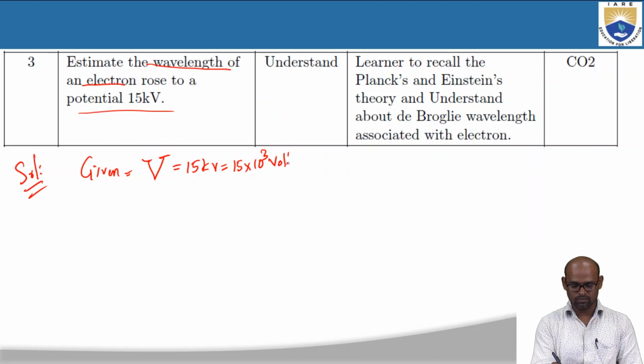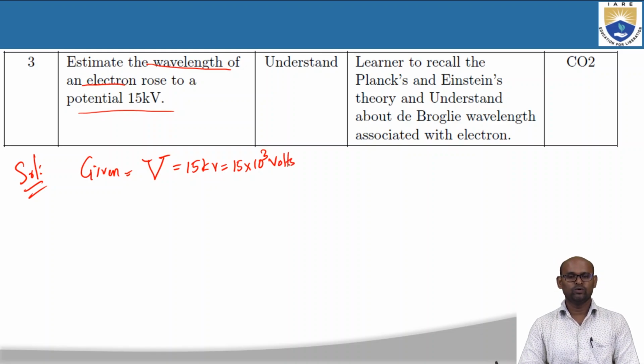This V is volts. And we know the de Broglie wavelength for an electron that is experiencing some potential.